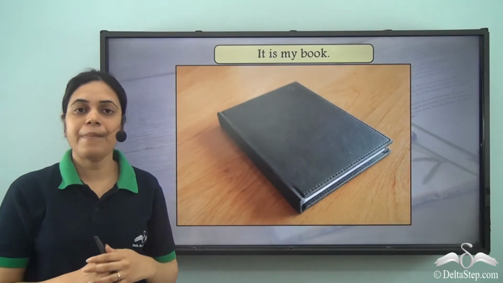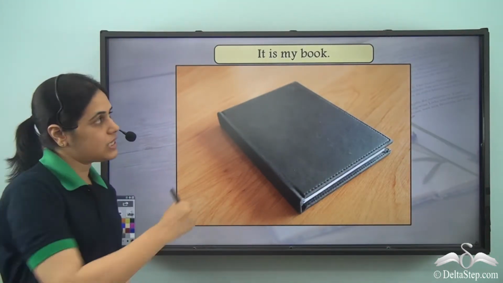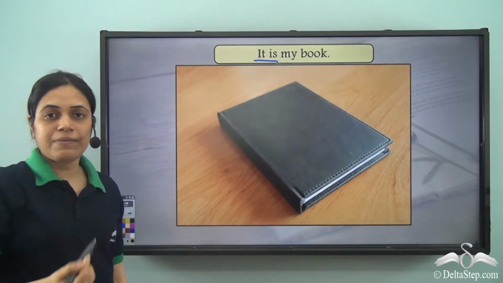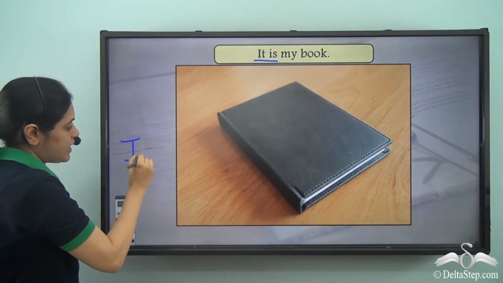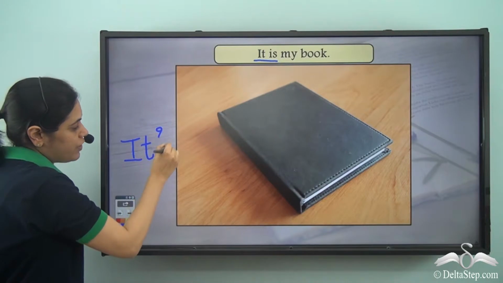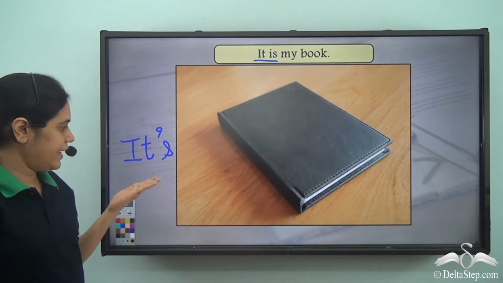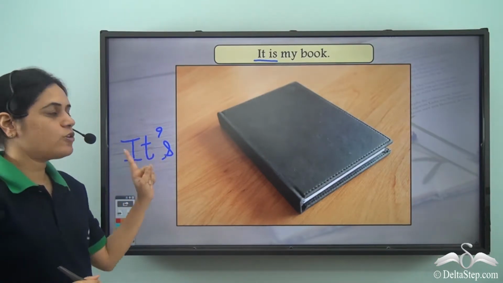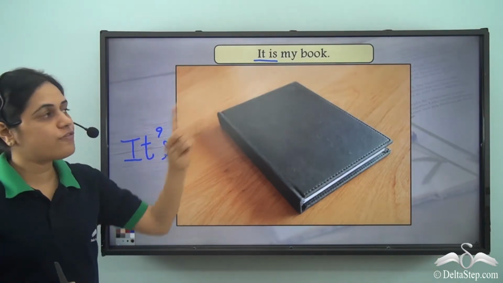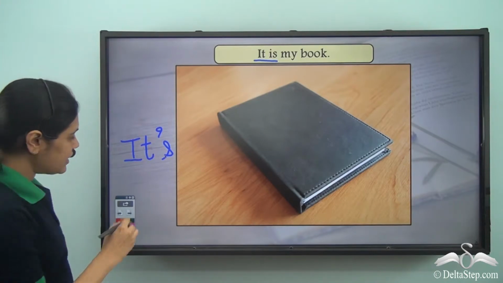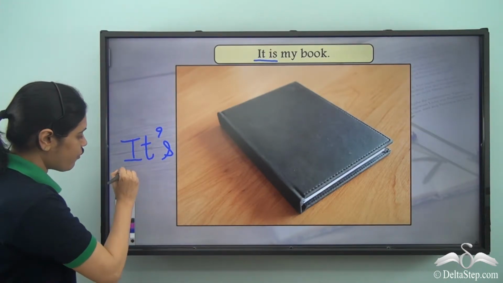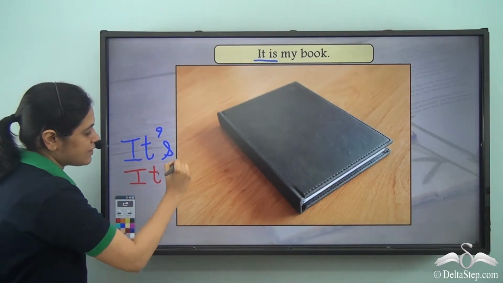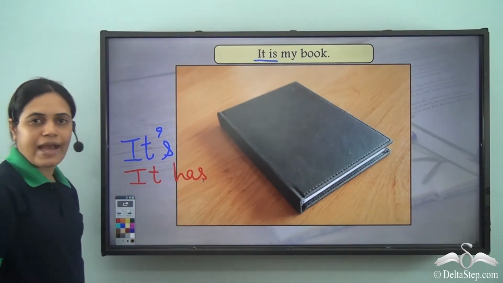It is my book. Now it is can be written in short as it apostrophe s. It's my book. Remember, it apostrophe s is the short form for it is, and it is also the short form of it has.